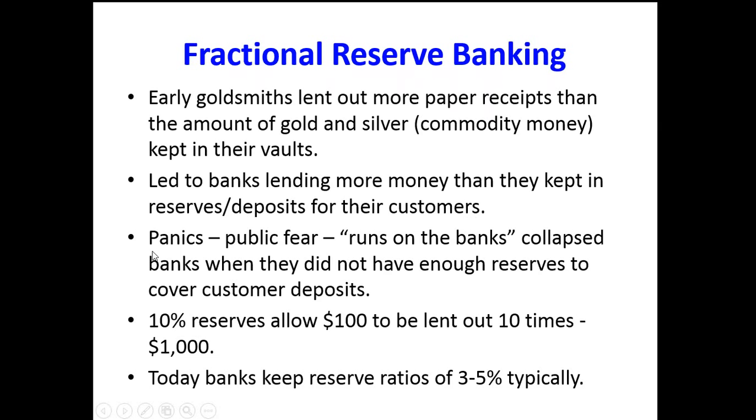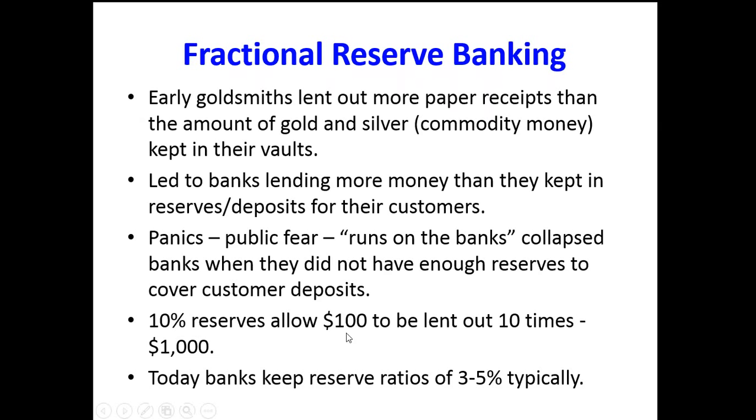And panics, this could be a Neptunian Pisces term, fear, runs on the banks that would collapse the banks when the public would all come in and demand to have their gold and silver back, and the banks didn't have enough reserves. And what the goldsmiths found is they only had to keep about 10% in gold and silver compared to what they lent out.